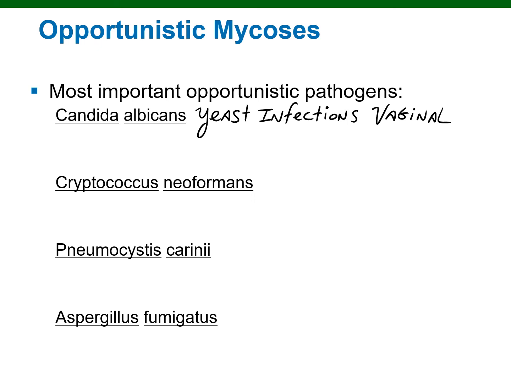So then the vaginal area could experience an overgrowth, or also they can pop up in the oral cavity. And oral candidiasis is referred to as thrush. That's just another term for oral candidiasis.